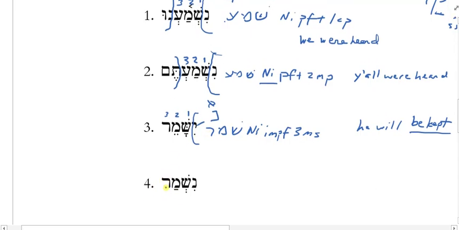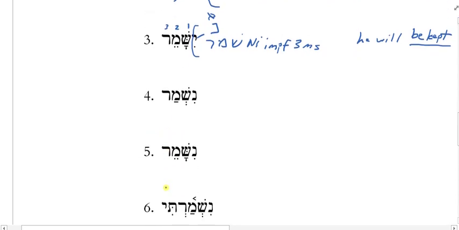I have nishmar. Nishmar. And you see 3 root letters? Yeah, there's shamar again, right? Good. That's easy. Now, I have a noon in front of shamar. So if that's an imperfect prefix, it's which person, gender, number? Yeah.